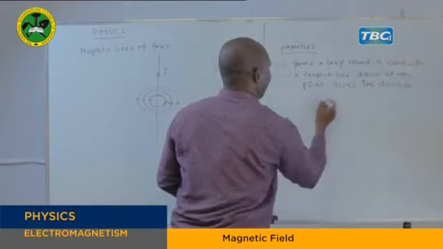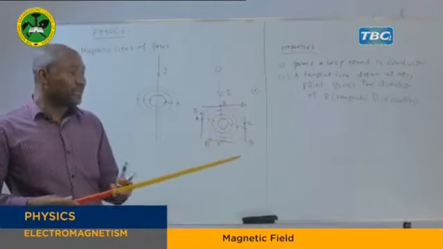So if you want to know the direction of the magnetic field around a conductor, that's easy if you know the way the magnetic line of forces are forming around the conductor. That's property number two.